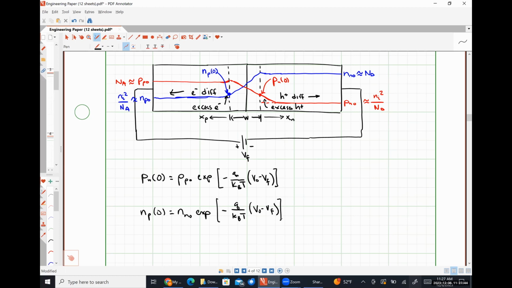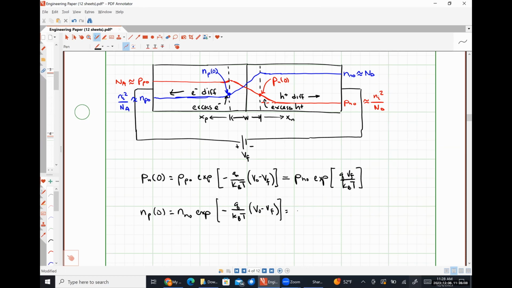Okay. So we can rewrite this expression as pn naught times the exponential of q Vf divided by kBT.